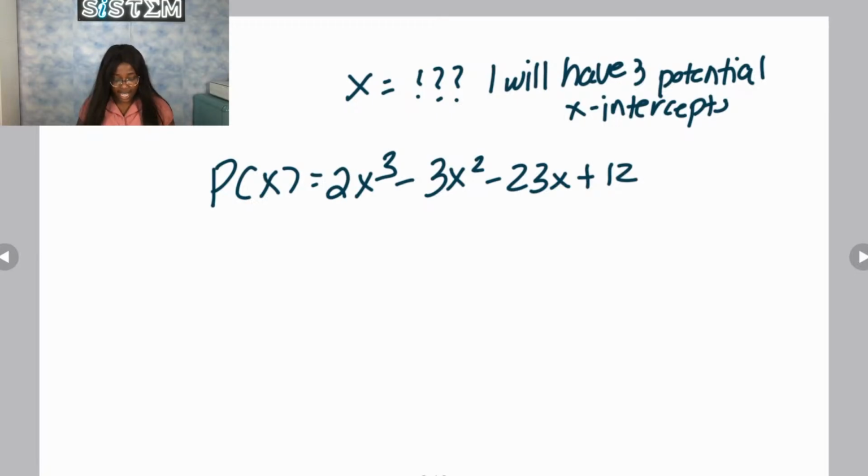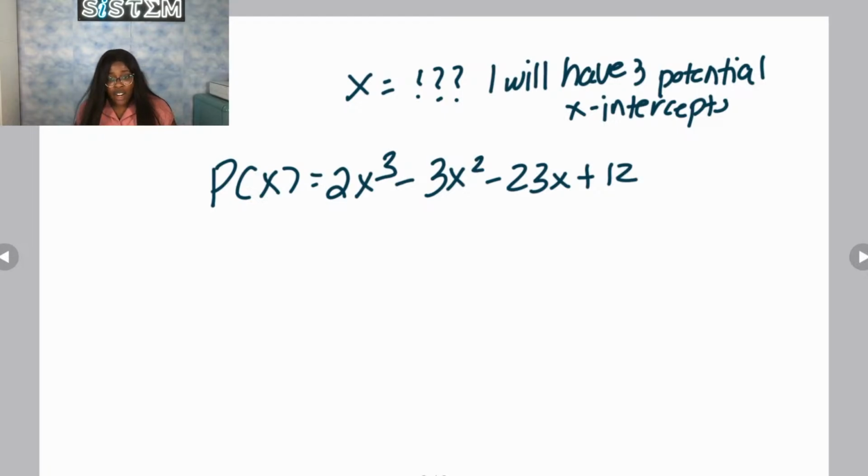No, it looks like it stayed the same, so there's no sign change here. And then from negative 23 to positive 12, that is another sign change. So in your head, you should know that there will be at most 2 positive x-intercepts. So you know that part. That's one thing less for you to worry about.